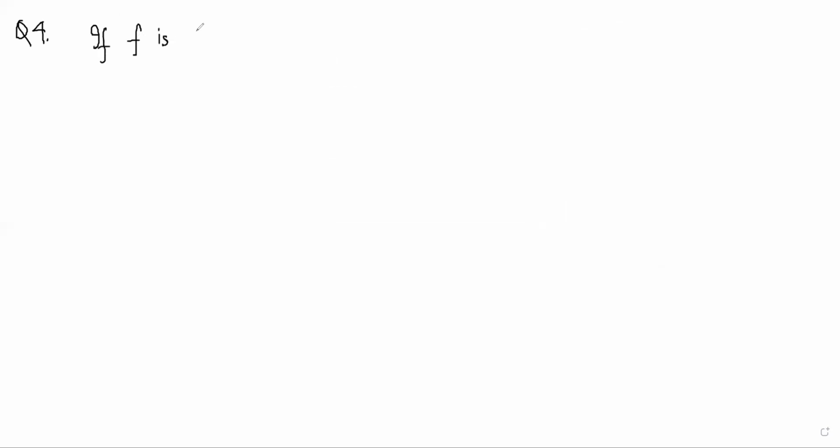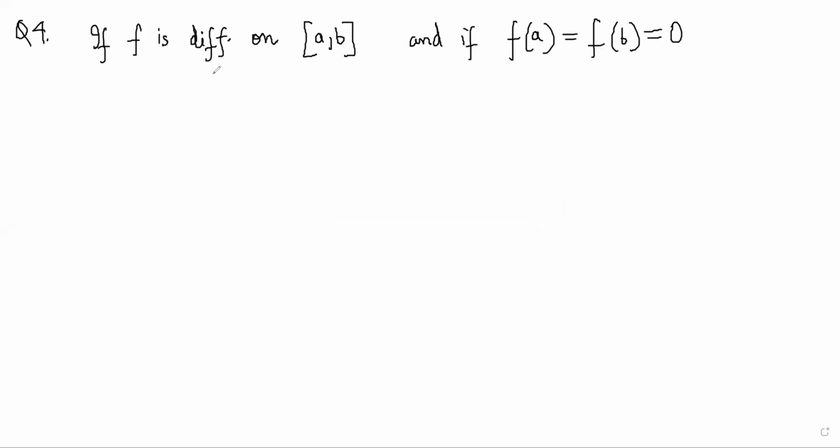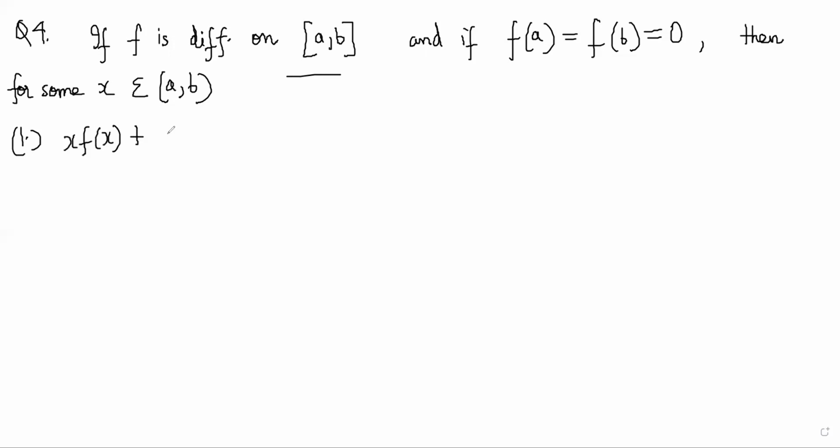If f is differentiable on a to b, and if f of a is equal to f of b is equal to 0, then for some x belonging to (a, b): first option is x f of x plus f dash x is equal to 0.